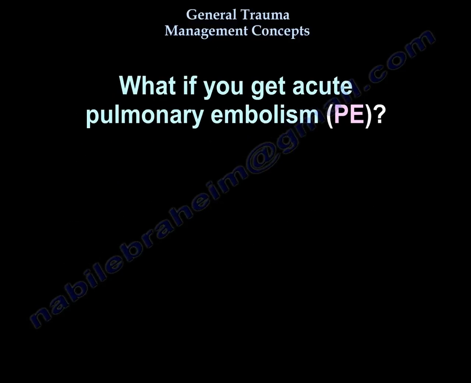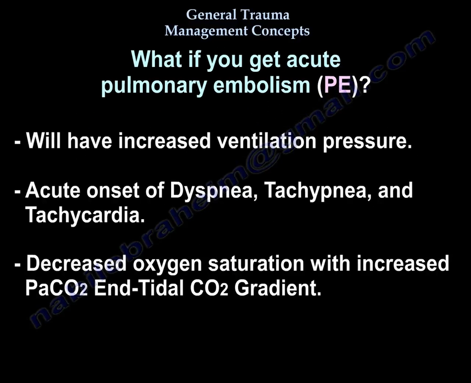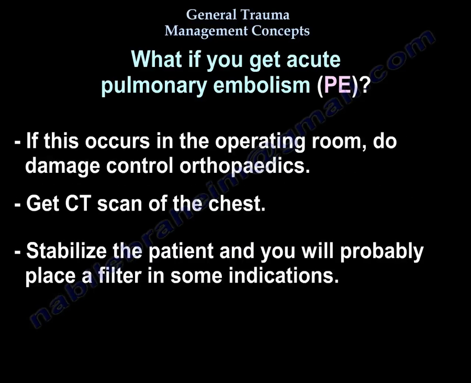We will have increased ventilation pressure, acute onset of dyspnea, tachypnea, and tachycardia, and decreased oxygen saturation with increased PaCO2 and tidal CO2 gradient. If this happened in the operating room, do damage control orthopedics and get CT scan of the chest. Stabilize the patient, and you probably will place a filter in some indications.